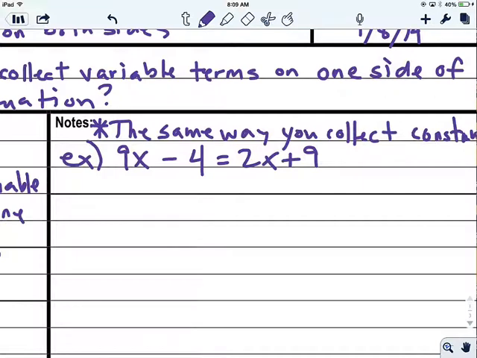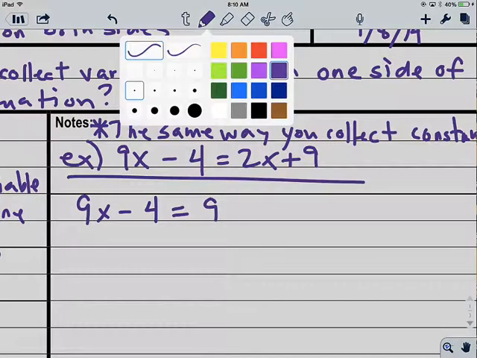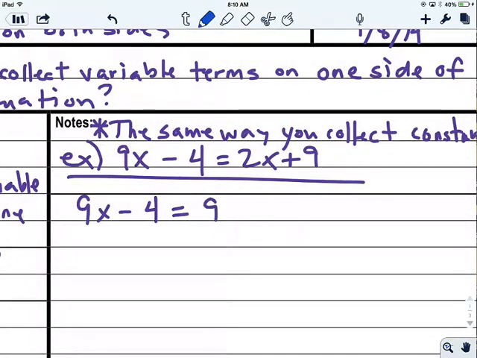So before we get to this example, I'm going to jump down here. I'm going to look at this equation: 9x minus 4 equals positive 9. It's very similar to the equation we were just looking at. The difference, though, is that now we have variables on just one side of the equation, the left side. If I were to ask you what to do, you would start by adding 4 to both sides.